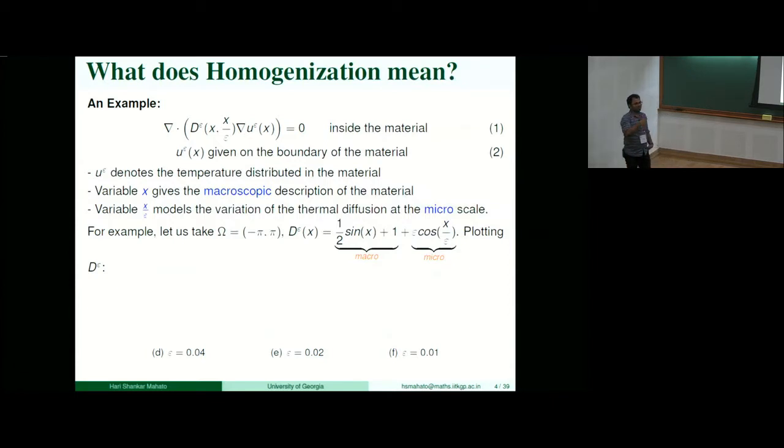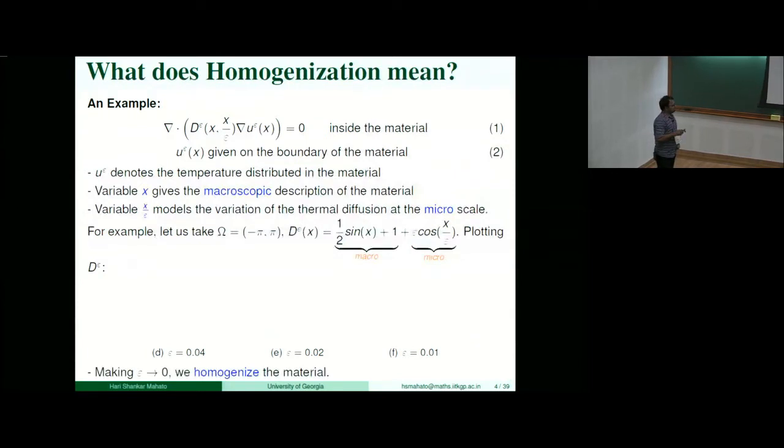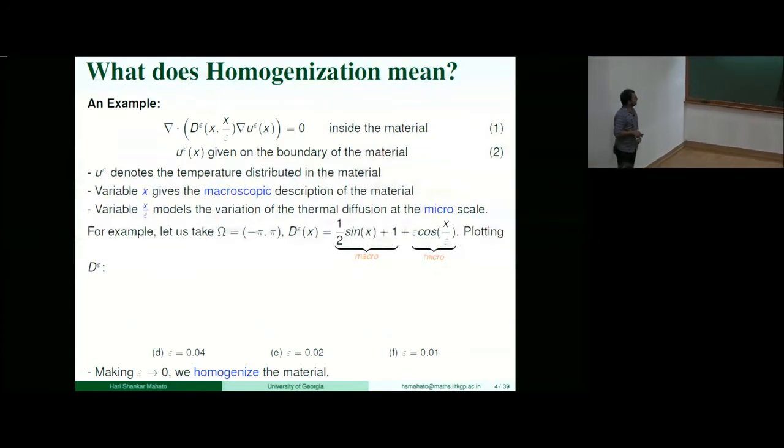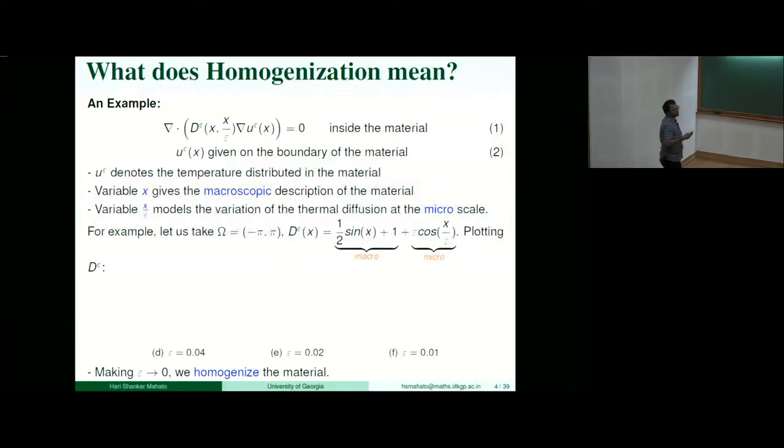It gives us the averaged, or global, behavior of this diffusion coefficient, d of x. So this is what we mean by homogenization. When we do epsilon going to 0, we are homogenizing the material.